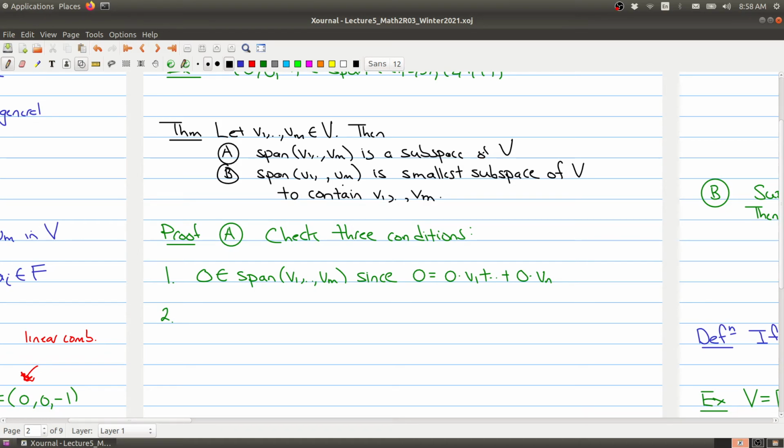So if you're given a collection of vectors and you want to know what subspace contains it, the span is the smallest thing that contains those vectors.